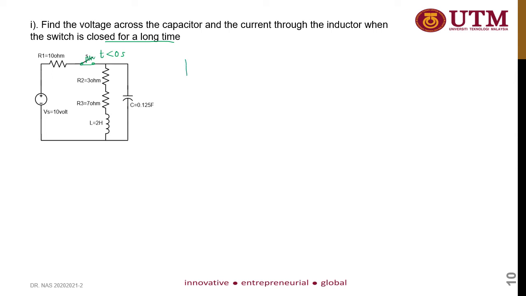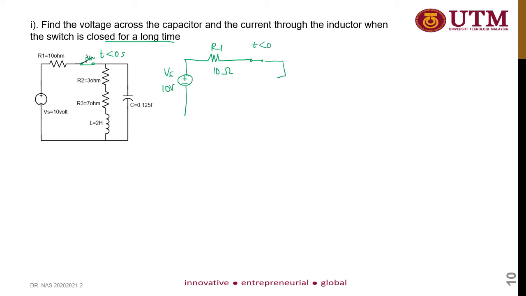So this is the source, Vs equal to 10 volts, and then you have your R1 equal to 10 ohms, and the switch is closed at t less than 0.